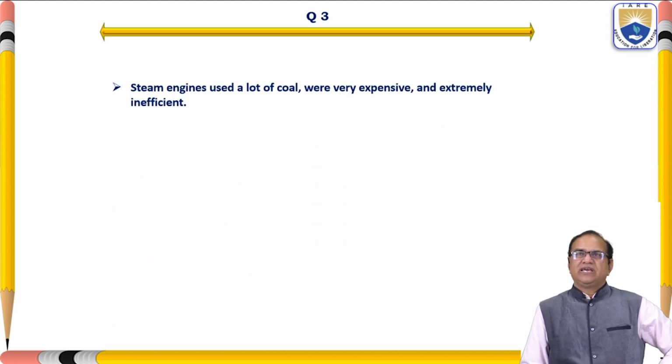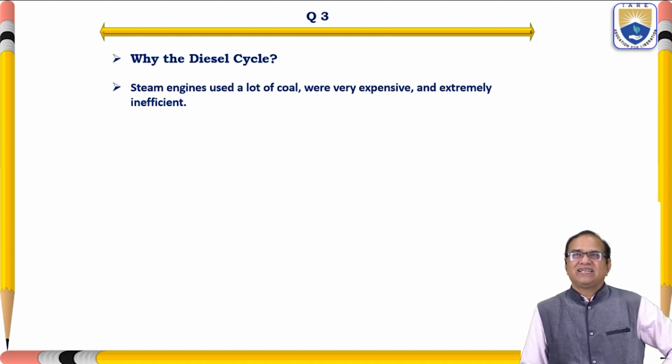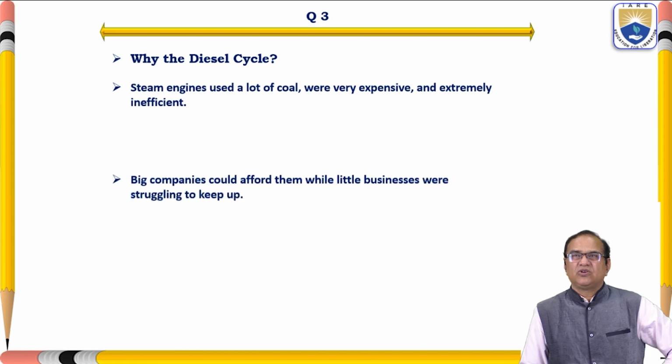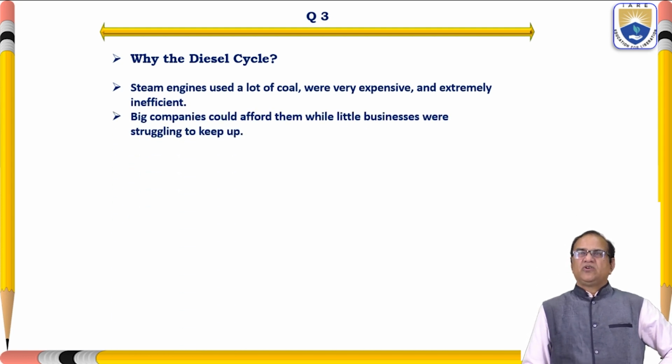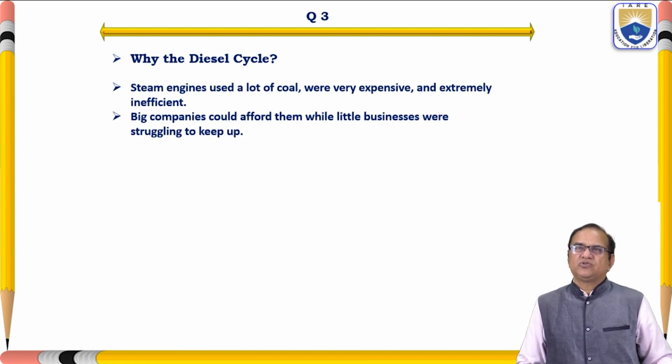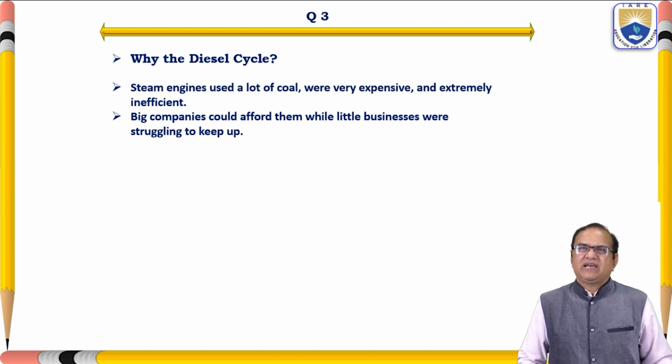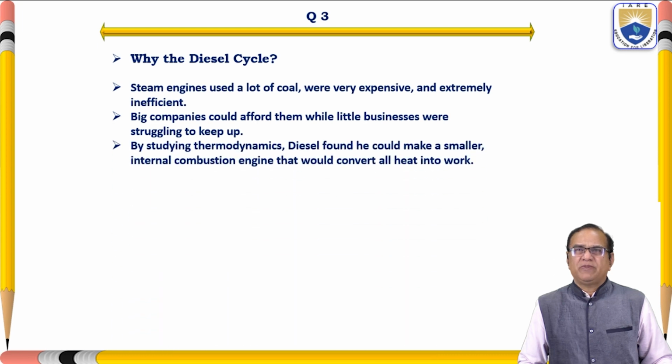Now, why are diesel cycles used? Steam engines used a lot of coal, were very expensive and extremely inefficient. Big companies could afford them, while small businesses were struggling to keep up.